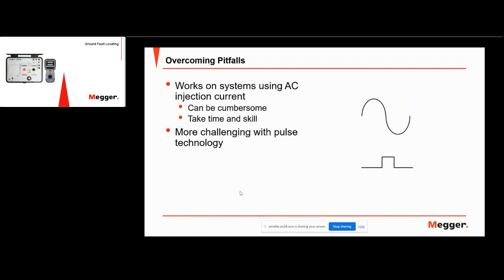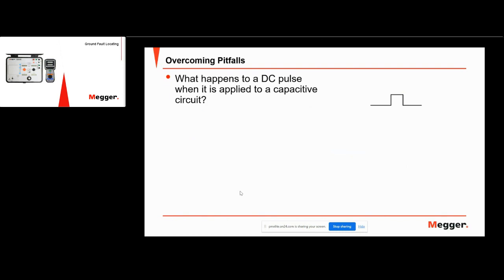Now, attempting to tune out stray capacitance with a Wheatstone bridge type technology, it will work, but it can be cumbersome and really can take some skill to do. And when dealing with high capacitance circuits with a pulse technology, that actually provides more challenges.